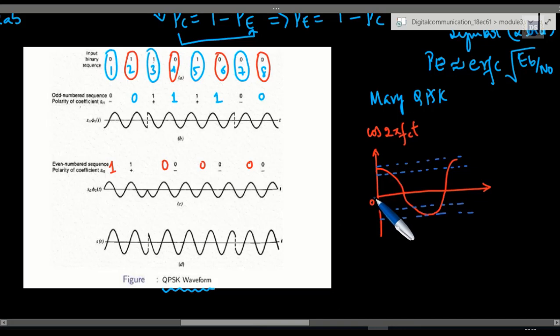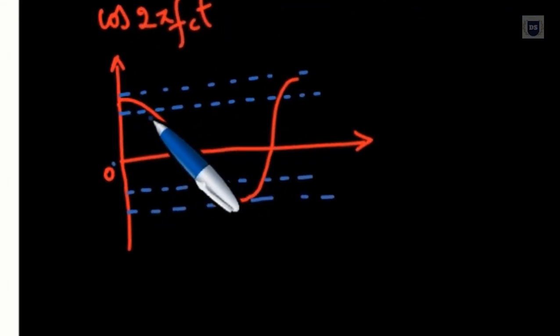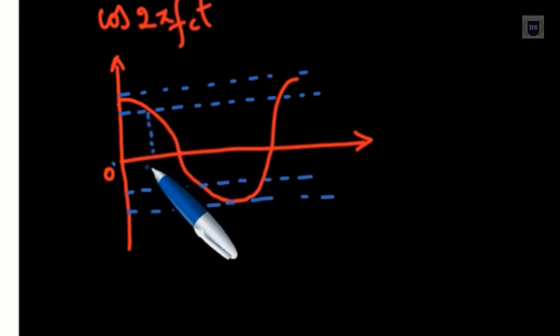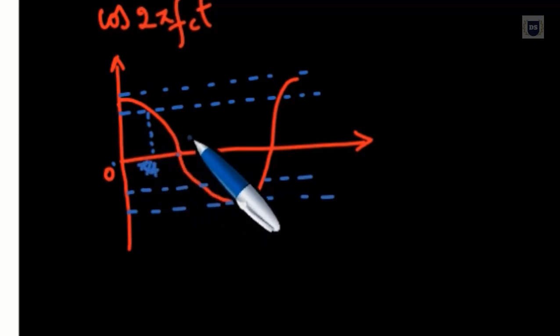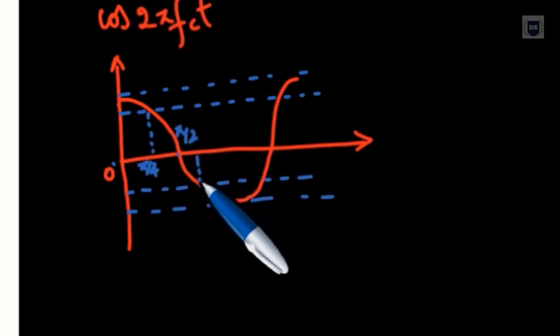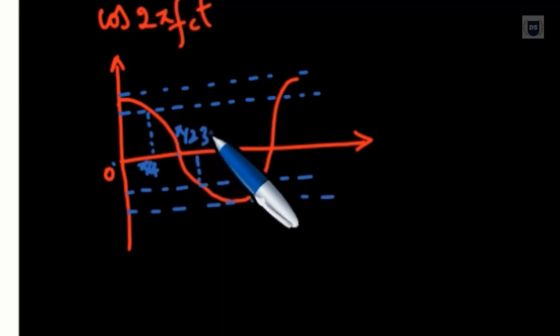So here I can think of this portion as 0 radian, and somewhere here this angle corresponds to pi by 4, that is 45 degree, and this angle corresponds to pi by 2, that is 90, and this angle right now corresponds to 3 pi by 4.